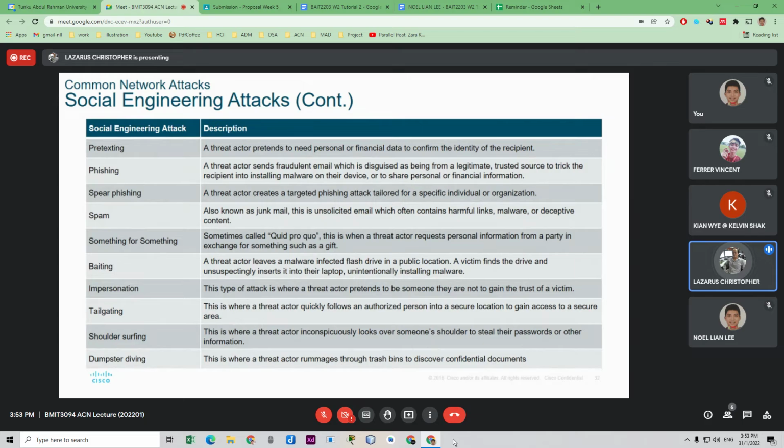So something for something is quid pro quo, means a lot of people, when you give them something free, they're more willing to do something. So you can say in exchange for such a gift. Maybe Lazada credit, or Lazada points, something that is attractive to them, right?